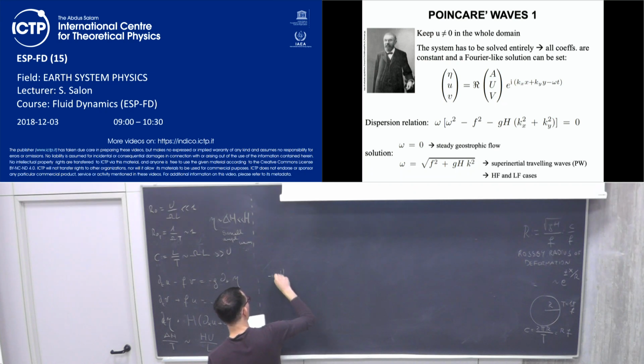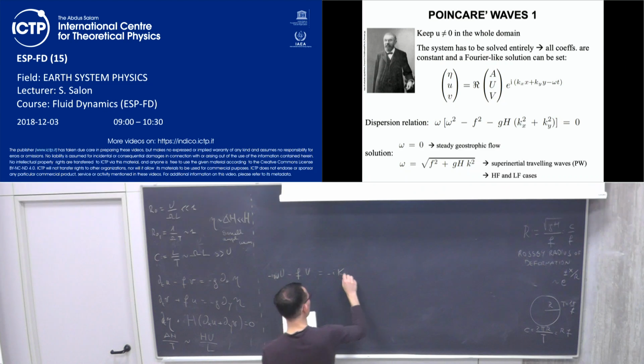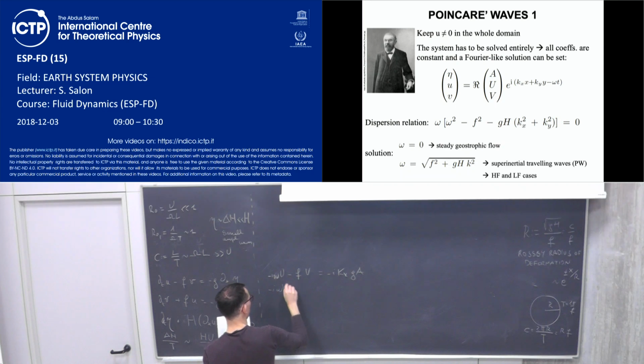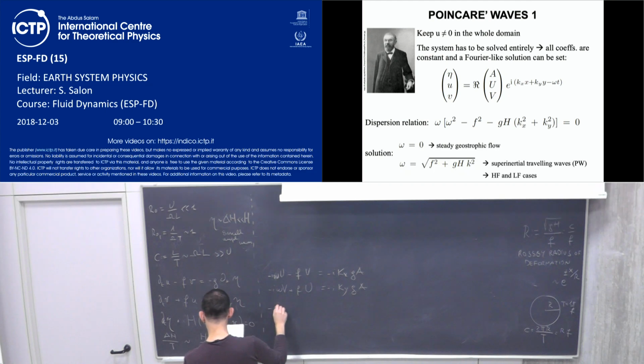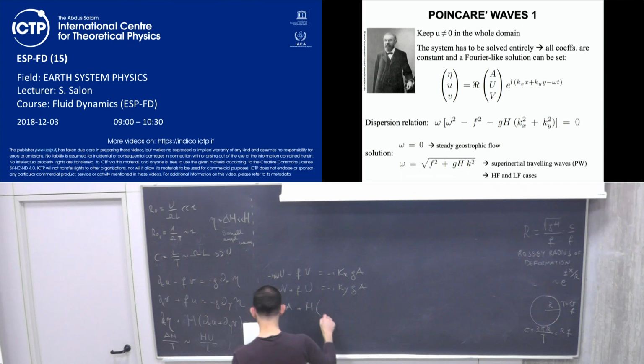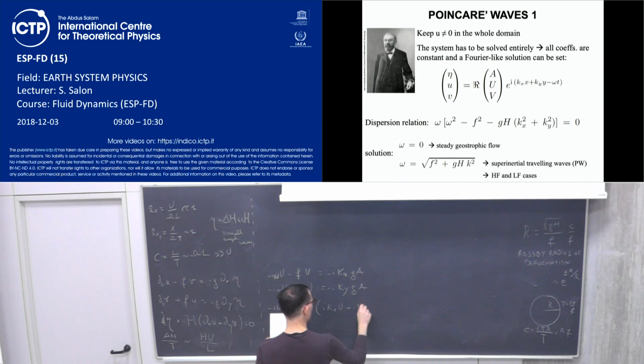So it's minus i omega U minus f V equal to minus i k_x g A, then minus i omega V plus f U equal to minus i k_y g A, and finally minus i omega A plus h i k_x U plus i k_y V equal to 0.